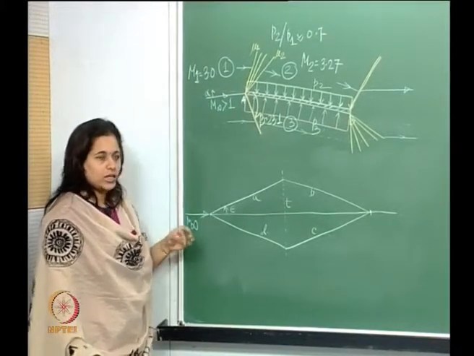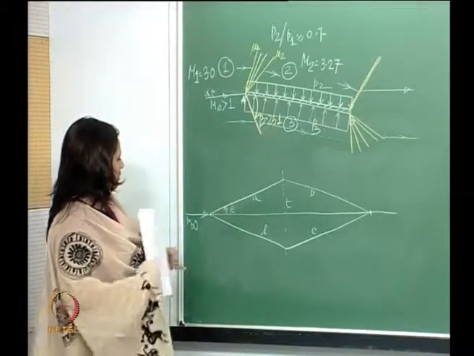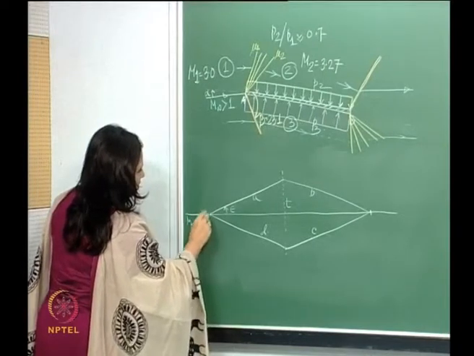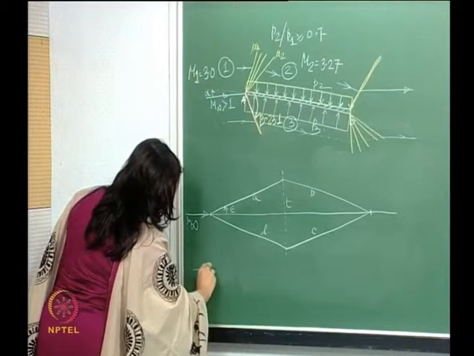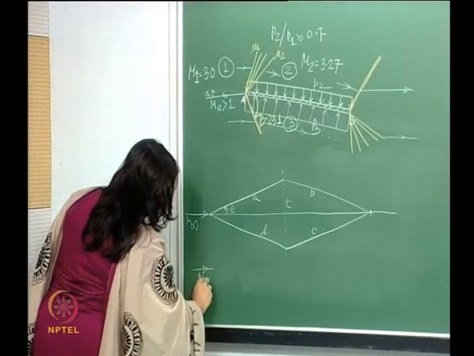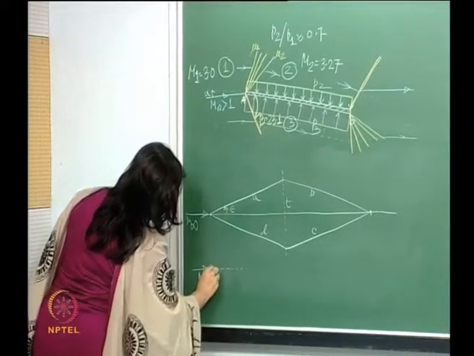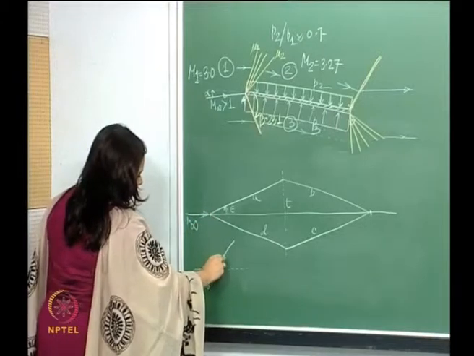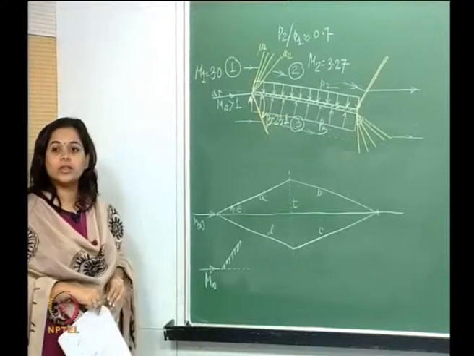Let me just draw this part separately. I have the free stream coming in here, and I have this surface coming in here. So what do you think is going to happen?